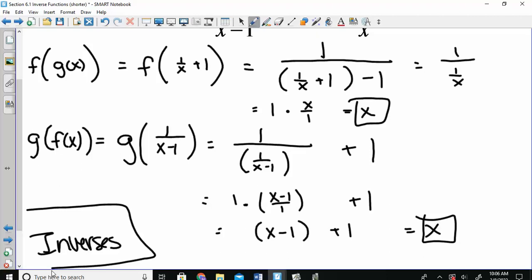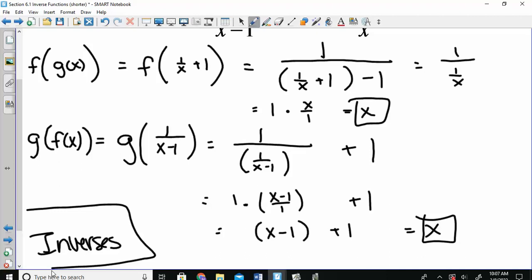Now, if this really confuses you, we will have another way that we can check to see if they're inverses that we'll get to in just a minute. But I would like for you guys to understand that inverses are supposed to cancel each other. So if you do both operations, you should get out what you start with. So if we do both, we should get just a plain x.